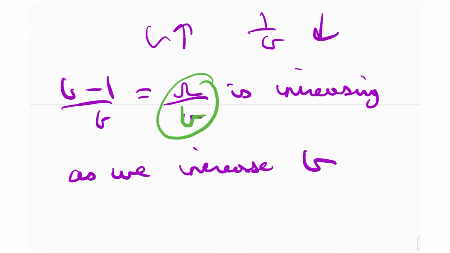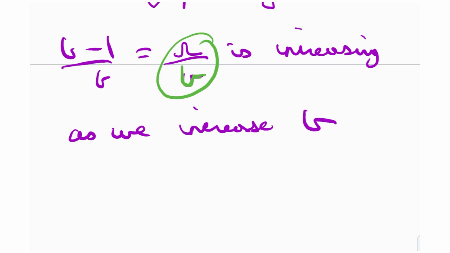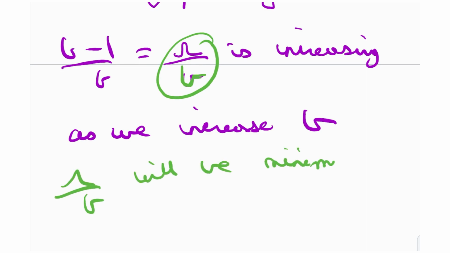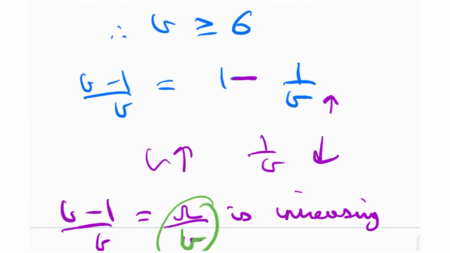And therefore this R by B, this (B minus 1) by B, which is for case number 1, is increasing as we increase B. That means R by B will be minimized at minimum B, because if we just increase B, R by B keeps on increasing. So it will achieve a minima at minimum B. And what's the minimum B? Minimum B is 6. So therefore B is equal to 6.